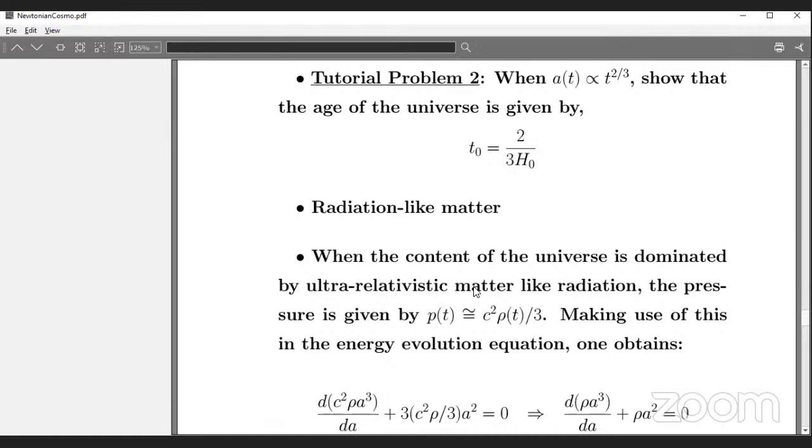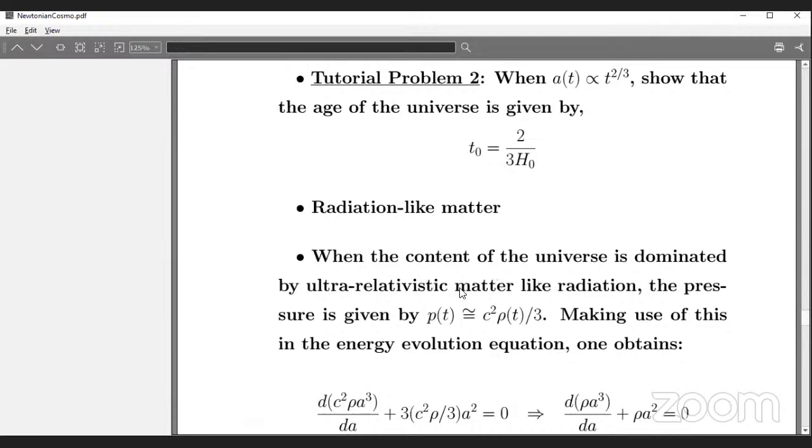From special relativity we know there is an equation relating energy and momentum. Energy is given by the square root of p squared c squared plus m0 squared c to the power 4, where m0 is the rest mass. If the momentum is much higher than the rest mass, then energy is approximately p times c, where p is the momentum.